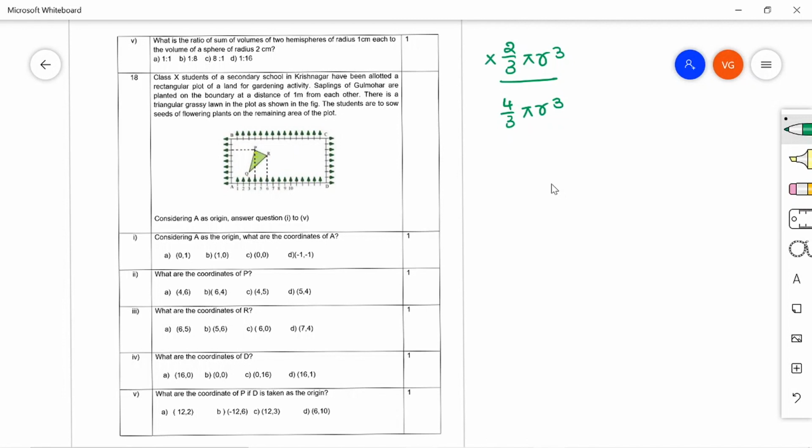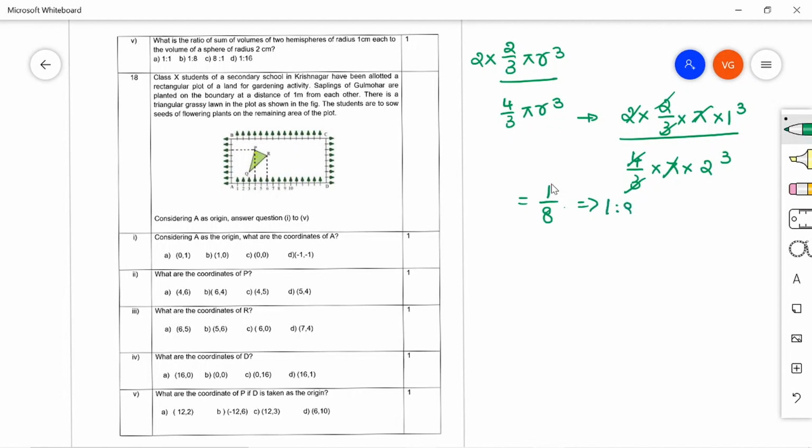So two hemispheres, so I am multiplying with the 2. So radius are different here. So we will substitute first and check it out. 2 into 2 by 3 into pi into 1 cube divided by, for sphere it is 2 centimeter radius, so 4 by 3 into pi into 2 cube. So pi will get cancelled, 3 will get cancelled, 2 into 2 is nothing but 4, 4 will get cancelled. You will get it as 1 by 8. That is nothing but 1:8. Check it out in options. It is option B.